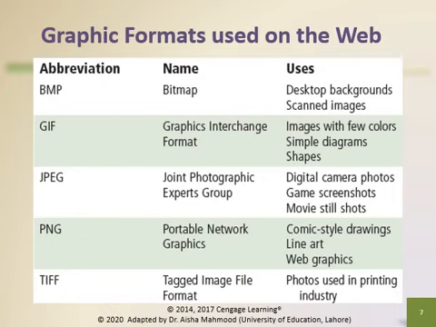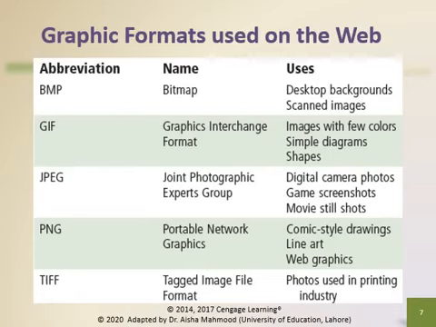Let us look at these different formats one by one. BMP, which is called bitmap, is used for desktop backgrounds and scanned images. GIF is graphics interchange format, and that is used for images with few colors, for simple graphs, diagrams and shapes.